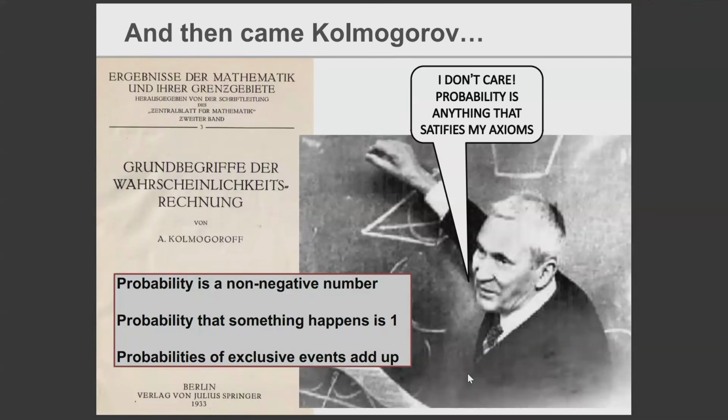Probability is a non-negative number, somewhere between 0 and 1, okay? The probability that something happens is equal to 1. And the interesting one: if something can happen in mutually exclusive ways, we add up probabilities. And he said, end of the story, anything that conforms to the 3 axioms, I call probability, and don't ask me whether it's objective, subjective, or whatever.